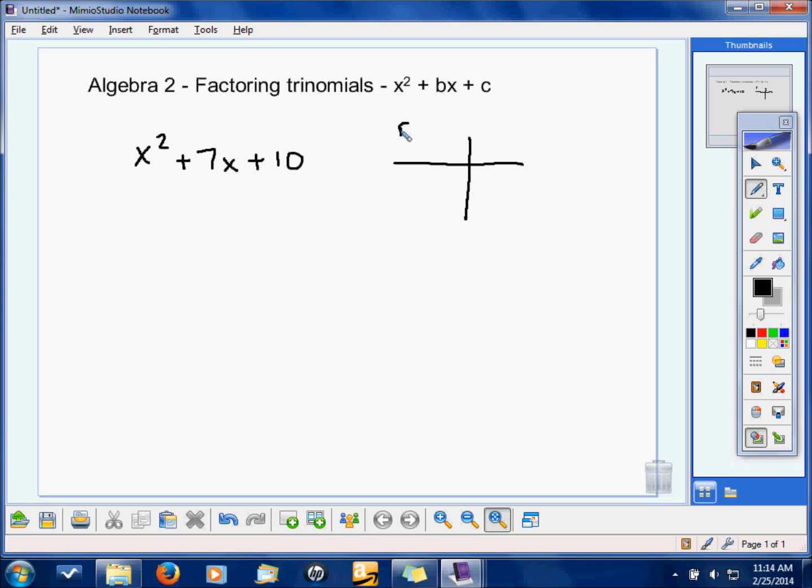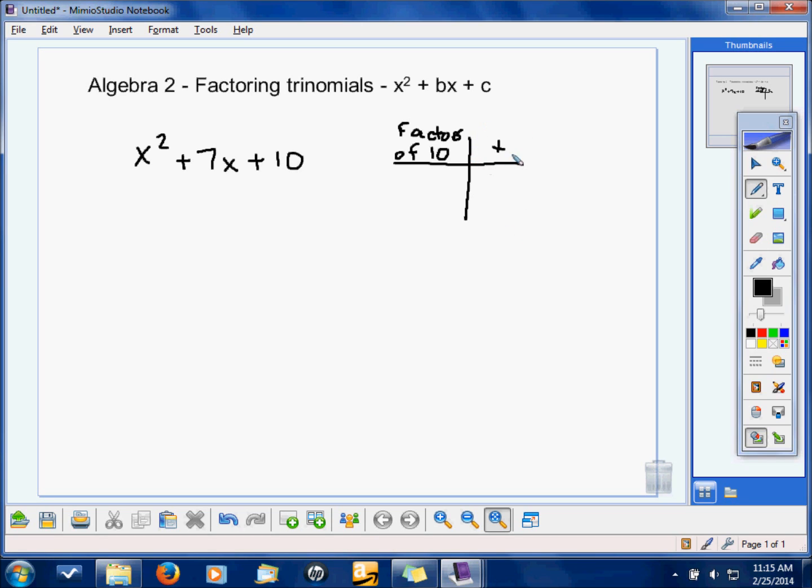So here we're going to give factors of 10. Not prime factors, but factors of 10. Over here, we're going to list the sum of those factors.